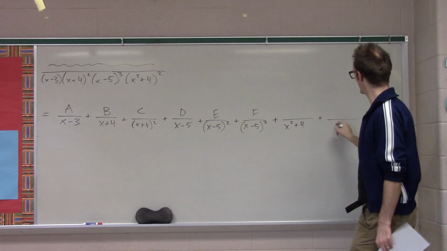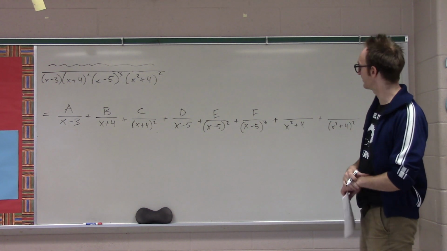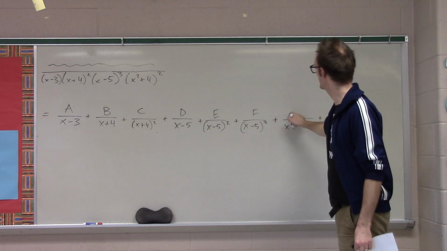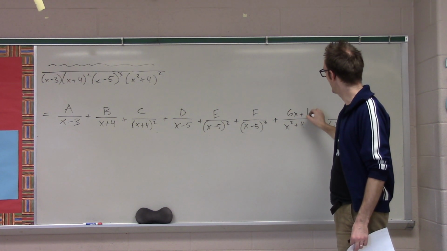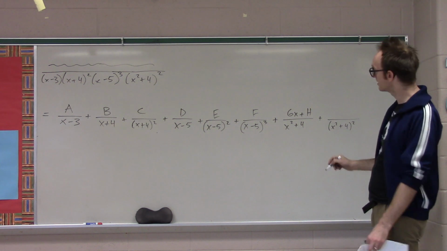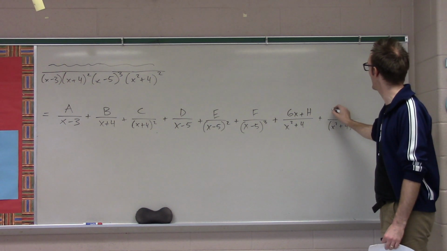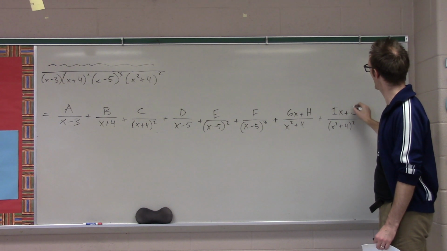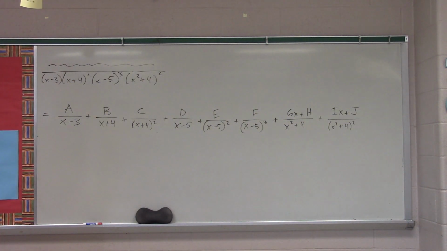And so we're going to have some numerator over x squared plus 4 and some numerator over x squared plus 4 squared. And so this will be like Gx plus H, and this, hope I'm counting right, A, B, C, D, E, F, G, H, Ix plus J, or something like that. That would be the correct setup to some hypothetical partial fractions problem with that as the denominator.